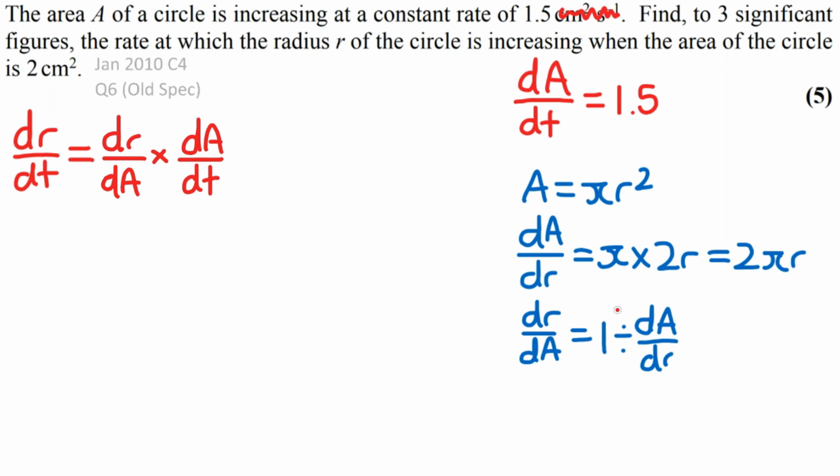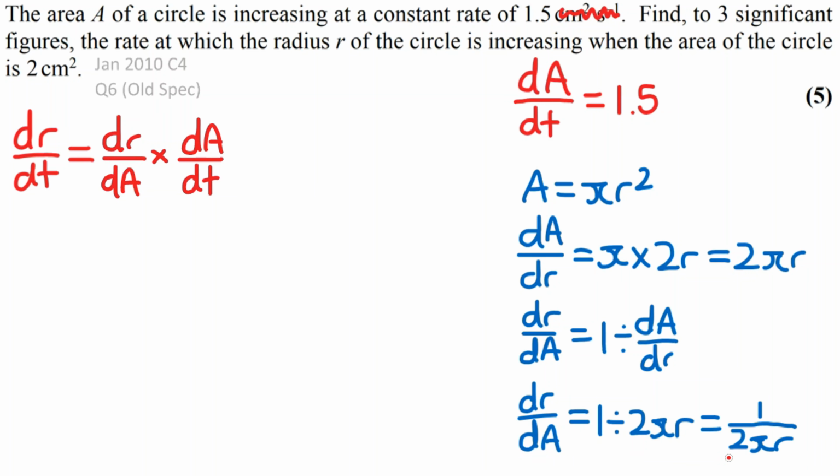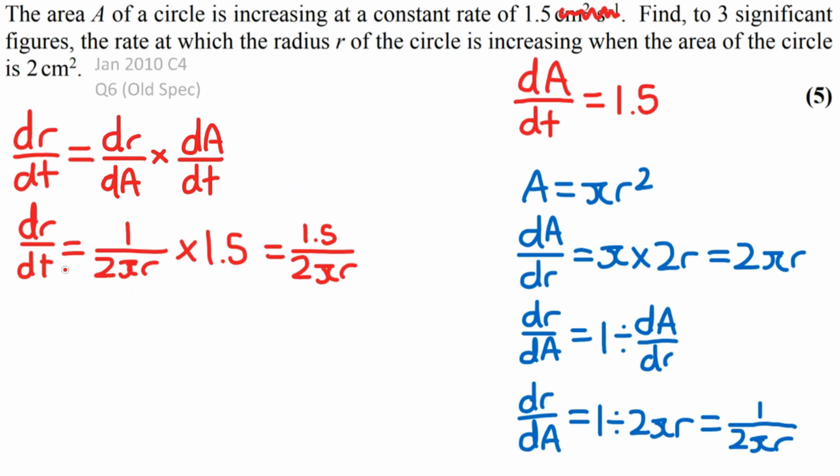So we just sub in what we have for dA over dr here, so it's 1 divided by 2 pi r, which can be written as 1 over 2 pi r. So now we have the equations for dr over dA and dA over dt, so we can sub these in like this, and then we can move this 1.5 into the numerator. So we've got dr over dt is equal to 1.5 over 2 pi r.